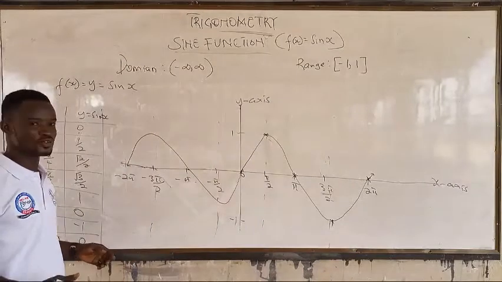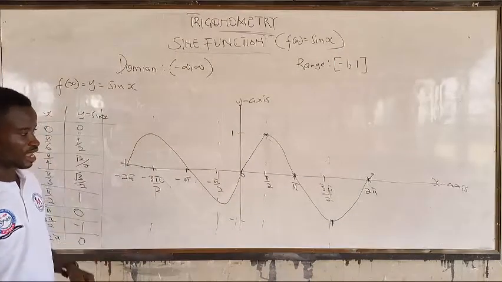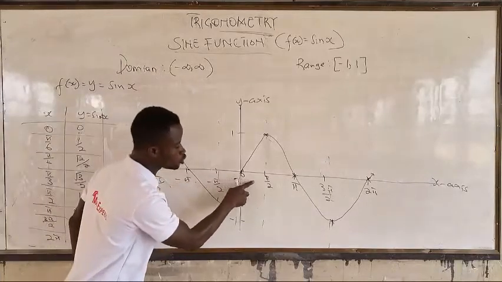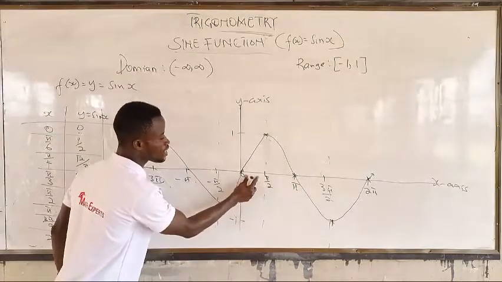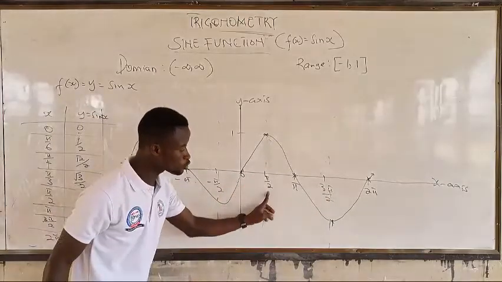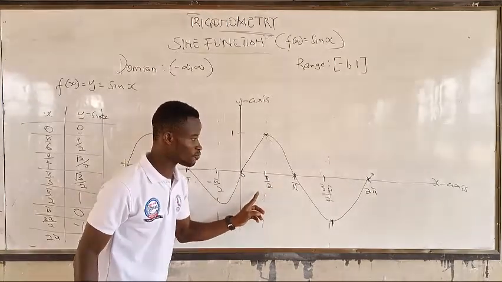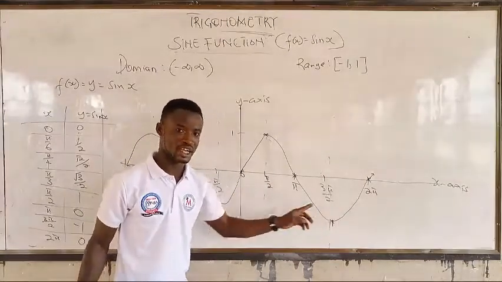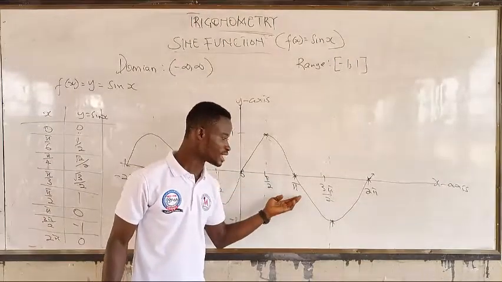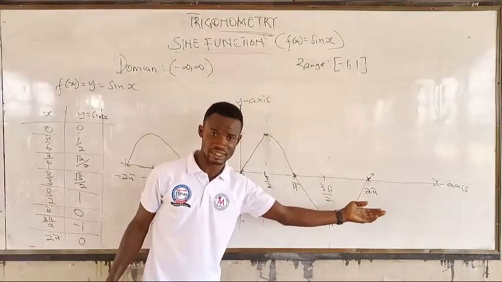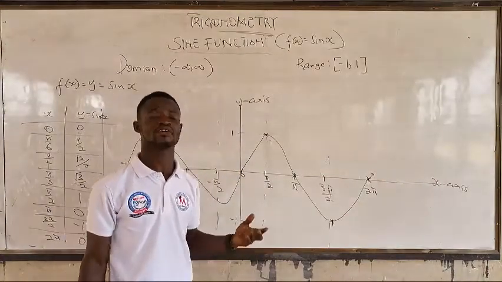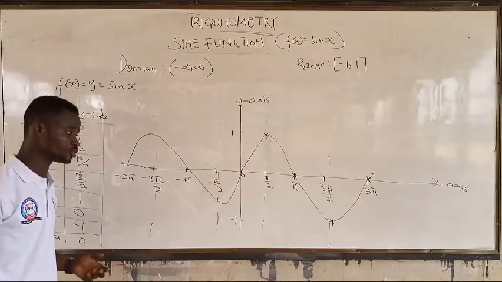So all that we did here is that from 0 to pi on 2, we have values within here. Pi on 2 is 90 degrees. For what we have here, we indicated only 0 degrees, 90 degrees, 180 degrees, 270 degrees, and 360 degrees. And that is in the radian form. We normally write it in the radian form. Yeah, that's how we should be doing it.